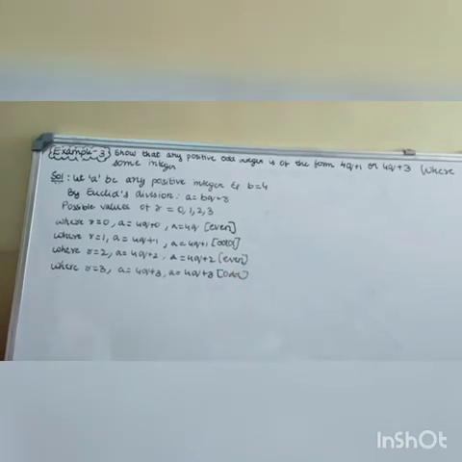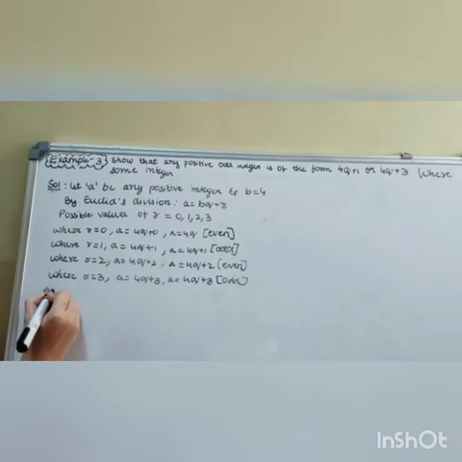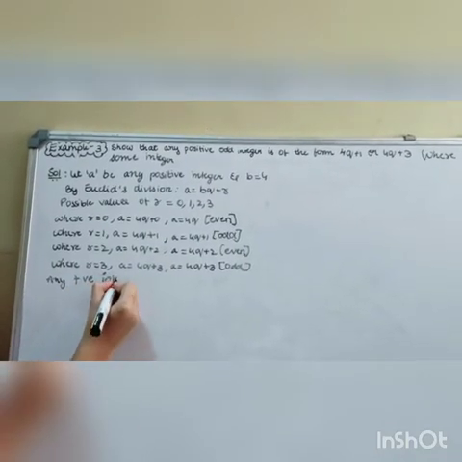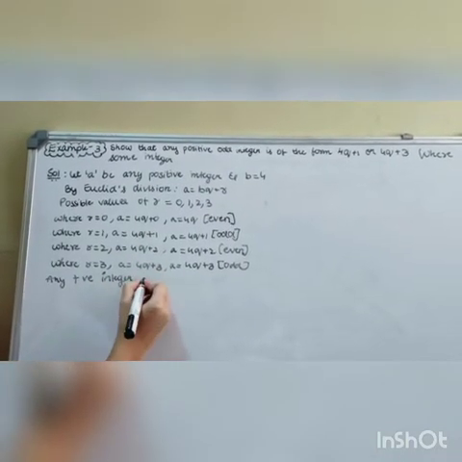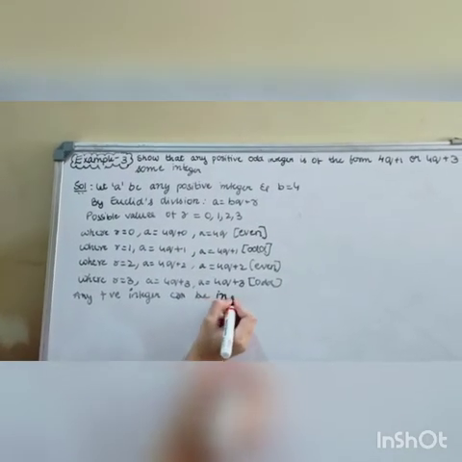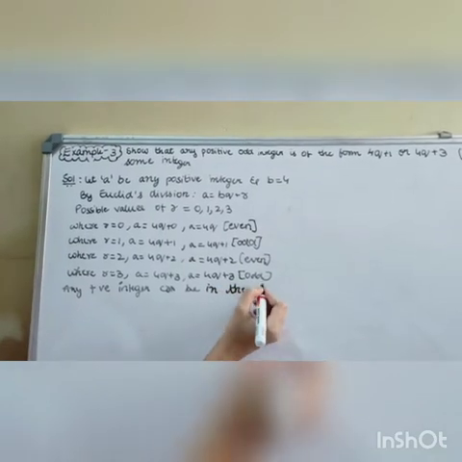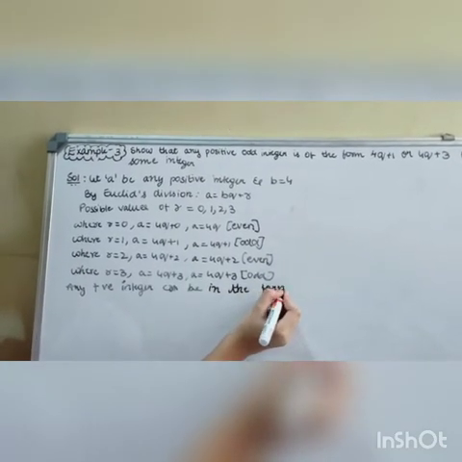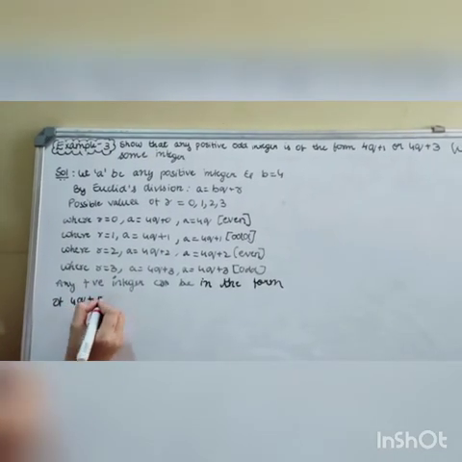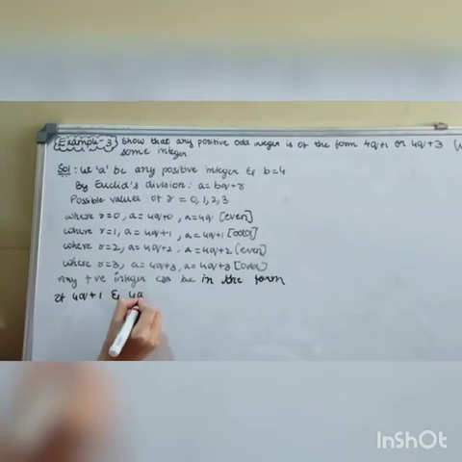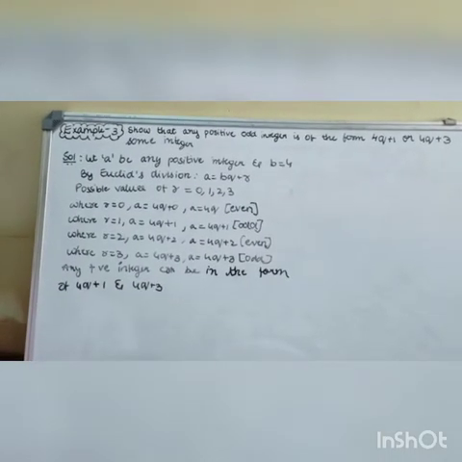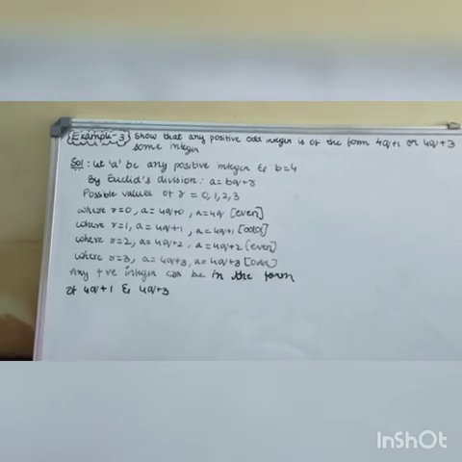Hence, we can conclude that any positive odd integer is in the form of 4q + 1 and 4q + 3. We had to find this and we have proved this, hence this question is over.